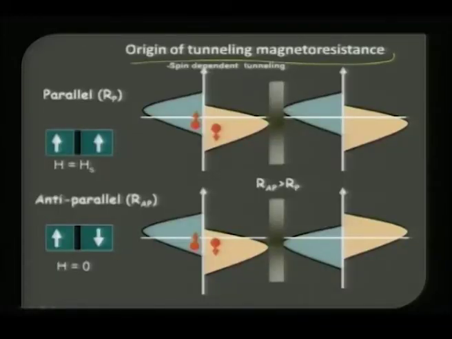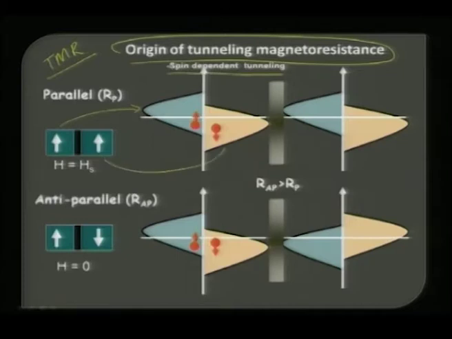The other origin of TMR device, which we call tunneling magnetoresistance, is not only based on interfacial scattering, but it is based on spin dependent tunneling, where the spin subbands of the ferromagnetic layers are important.